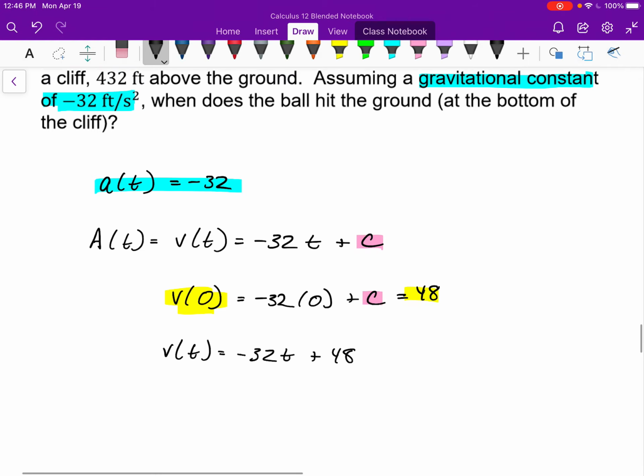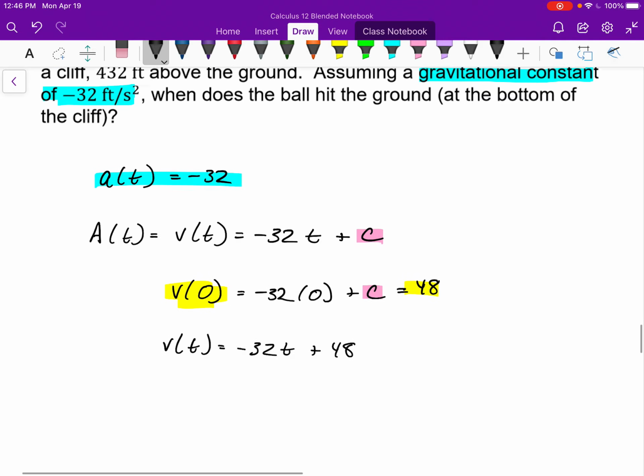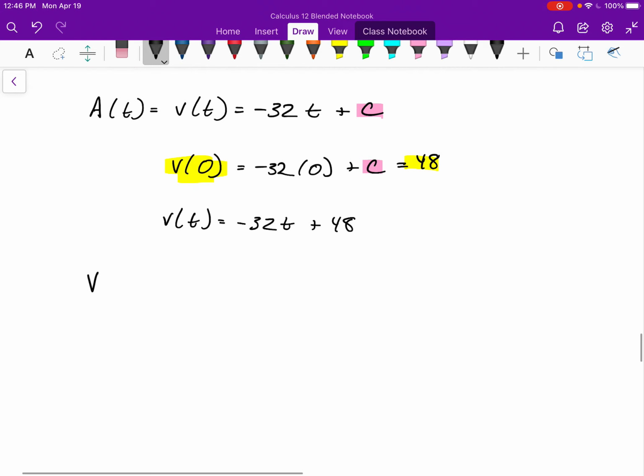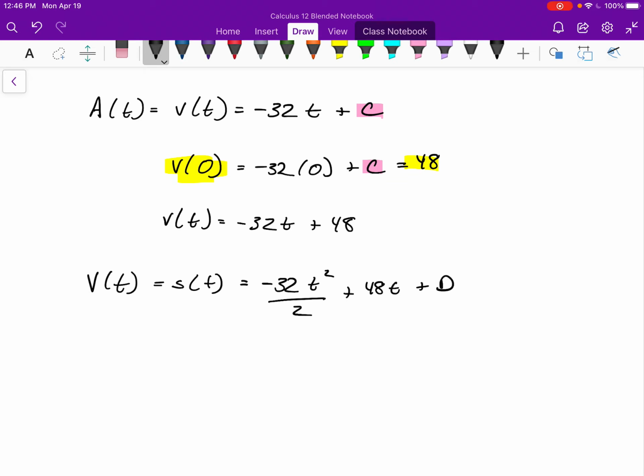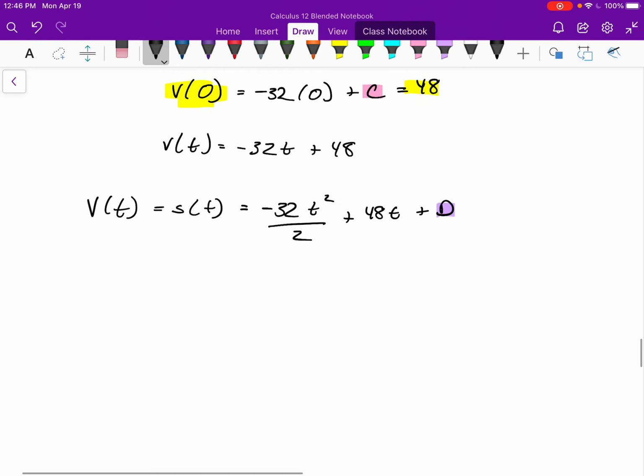All right. Well, perhaps not surprisingly, it's going to be useful next to find my displacement function, or my position function, which we usually relate with a letter s. So I could say capital V of t, or s of t, the antiderivative. And so again, using the power rule, I get negative 32 times t squared over 2 plus 48 times t plus some new constant. I'll call it d. And again, let me clean this up a bit. Negative 16t squared plus 48t plus some constant.